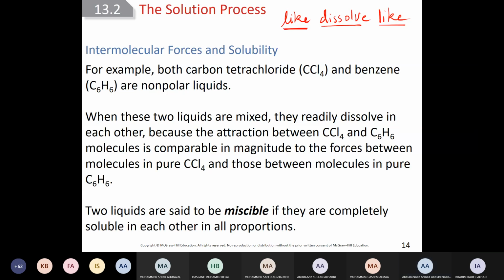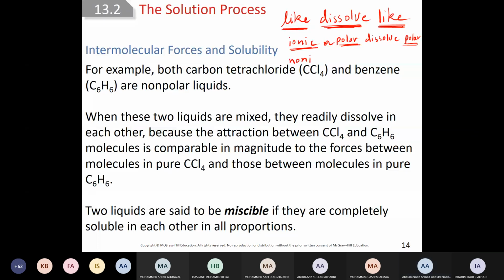All right, what do I mean by this? This means an ionic compound or polar compound dissolves in polar solvent. Okay, ionic or polar dissolve in polar solvent.